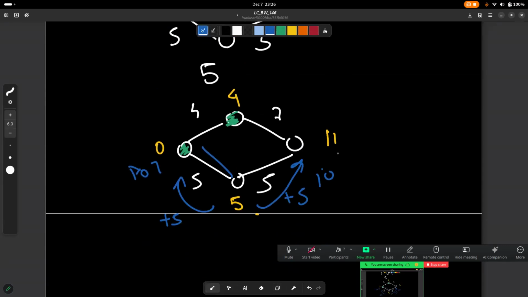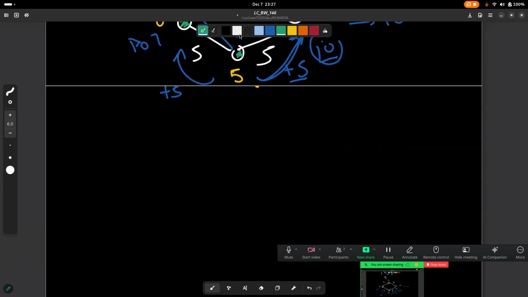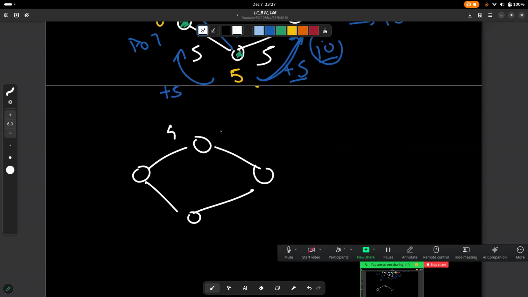And I would have 5 plus 5 after traversing this, 5 plus 5 is 10. So the minimum of 10 and 11 is 10. And I've also visited this node now. Now my graph will look something like this: this is 4, this is 7, this is 5, and 5. And all these nodes have been visited.